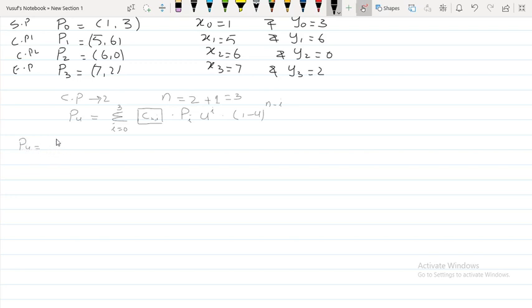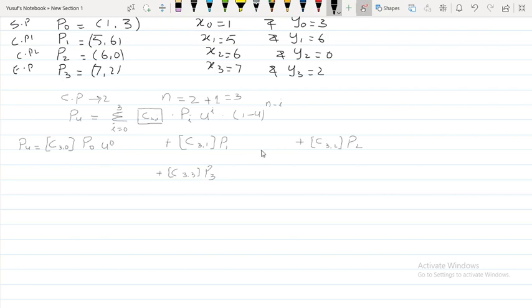So n is 3, so we can write the equation P(u) equal to the constant C(3,0) first, plus C(3,1), plus C(3,2), plus C(3,3). Then P0, P1, P2, P3.